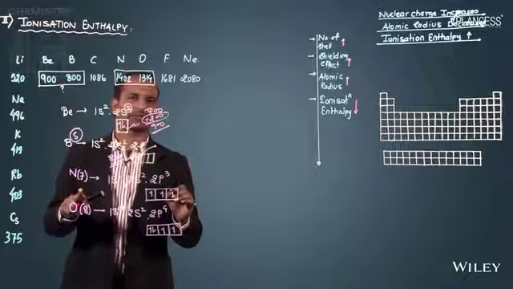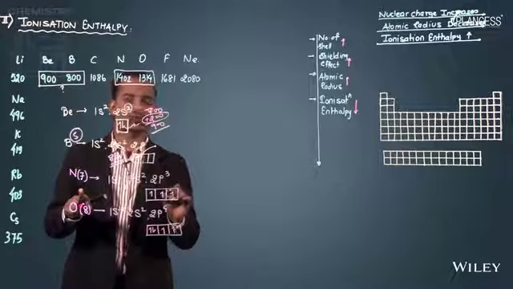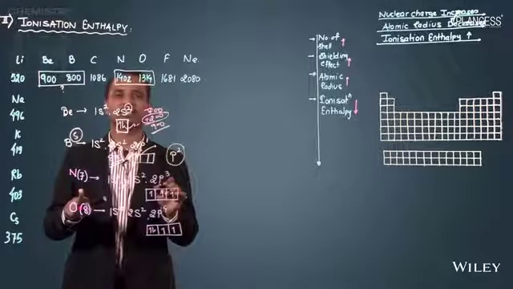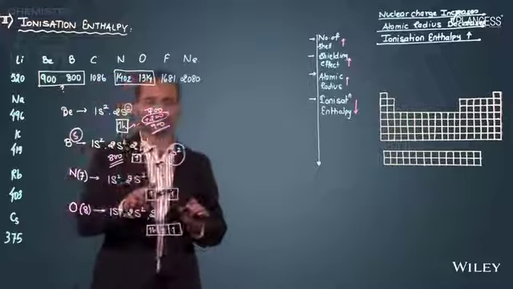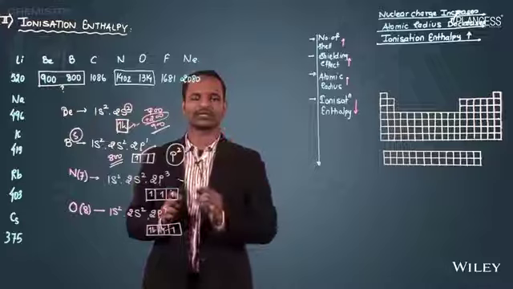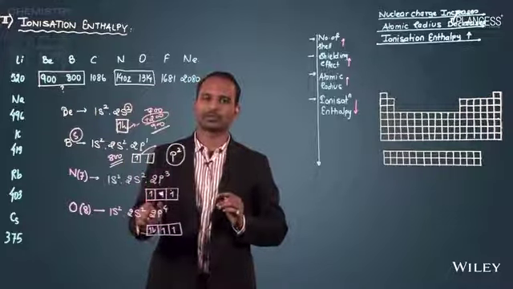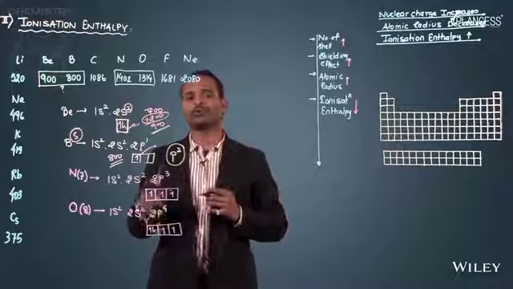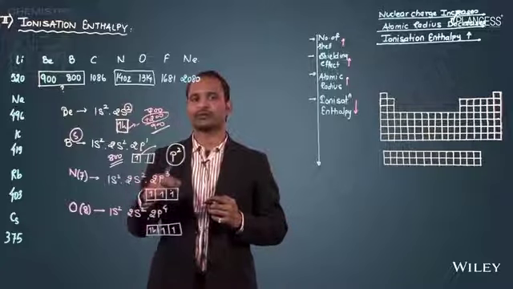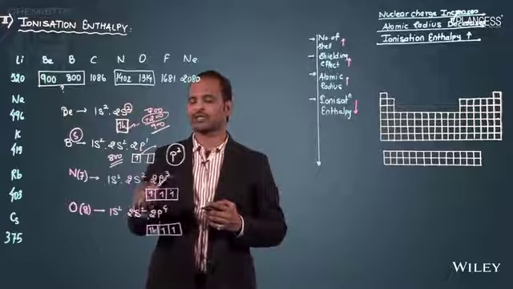If this electron is removed, nitrogen will try not to lose it, because if nitrogen loses an electron from p3, it will become p2 configuration. And p3 is a half-filled configuration, that is stable. So since nitrogen has a half-filled configuration, it will try not to lose this electron, and due to that stability it requires more energy compared to the expected value. While in the case of oxygen, p4 is not a stable configuration, so it will require the usual amount of energy.